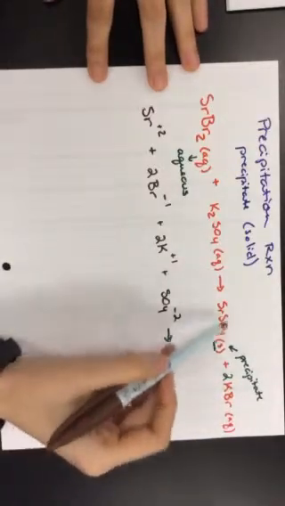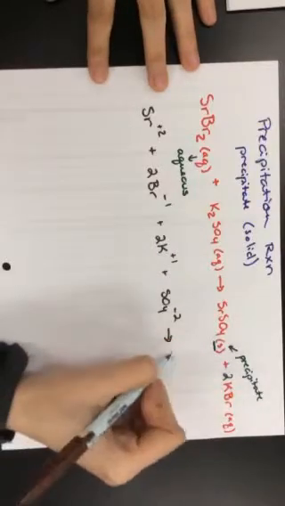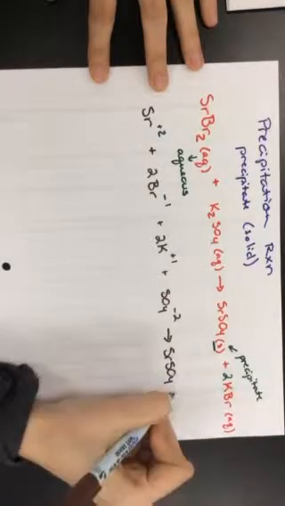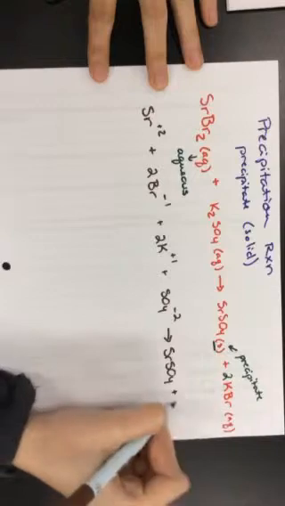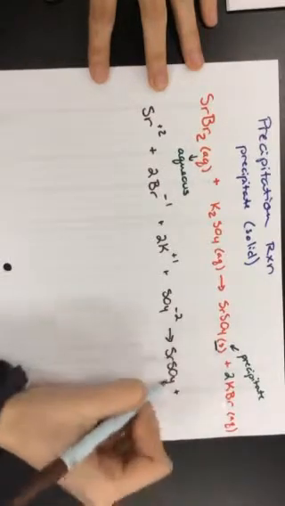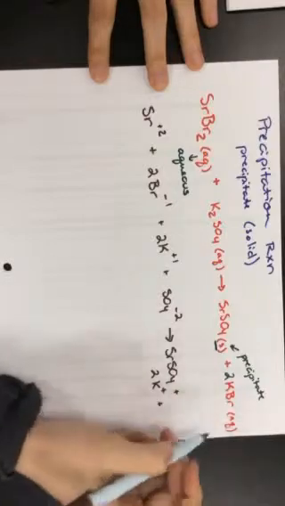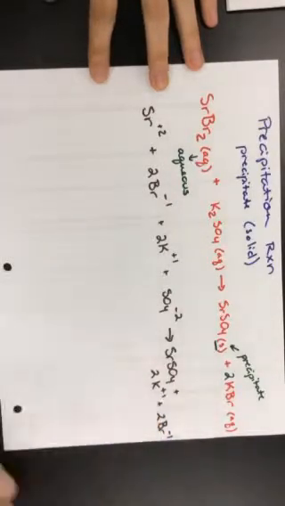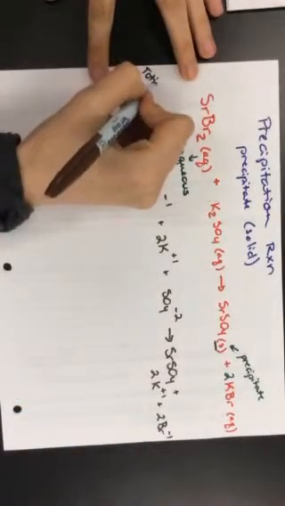Now, here's the thing about the solid. If it's a solid, that means it is not dissociating in water. That means that you leave it exactly the way it is. And here you have potassium bromide that does dissociate. So notice you have 2 potassium ions and 2 bromide ions.